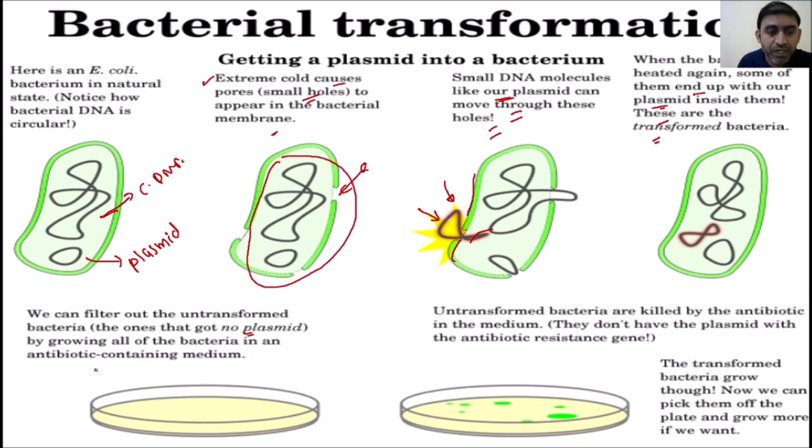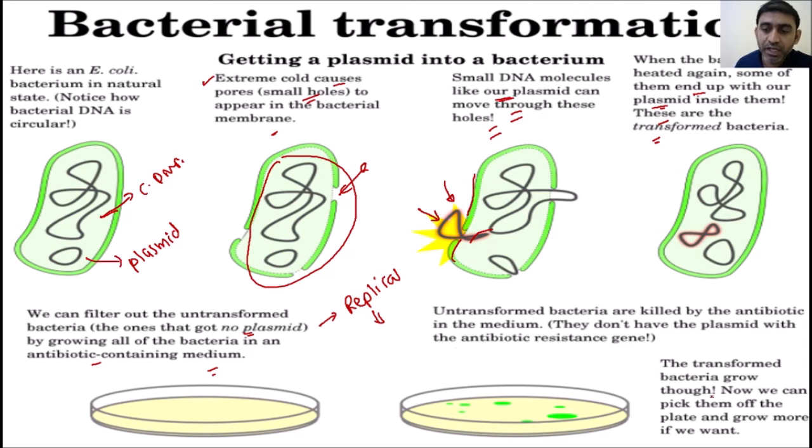We can separate them using an antibiotic medium. In the previous lecture I already discussed this method, the replica plate method, in which we took two plates containing the antibiotics ampicillin and tetracycline. Untransformed bacteria are killed by the antibiotic in the medium since they don't have the plasmid and the antibiotic resistance.